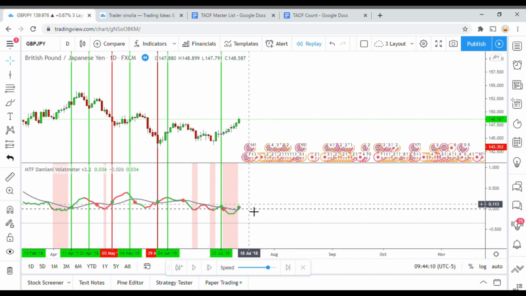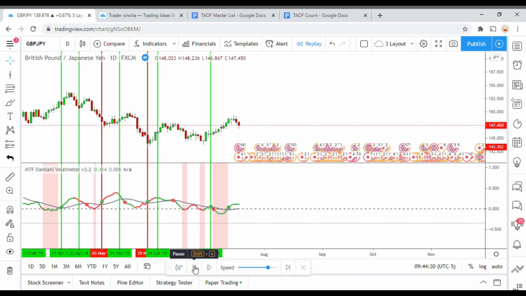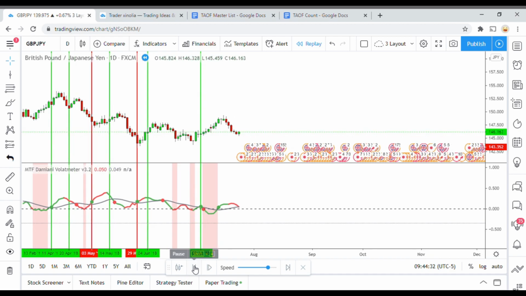So there was technically nothing telling us to exit the trade until it hits our take profit or our stop, or it reversed and gave us a signal in the opposite direction, which it never did. So we were able to just allow that trade to ride out, play itself out, and see what happens.